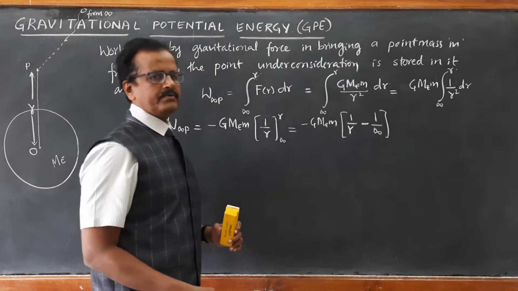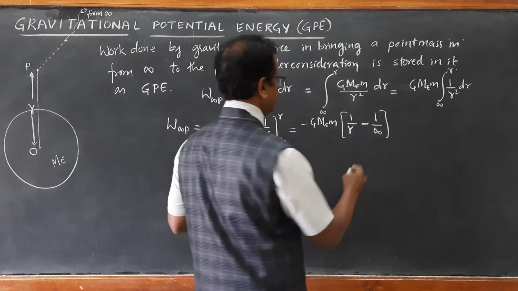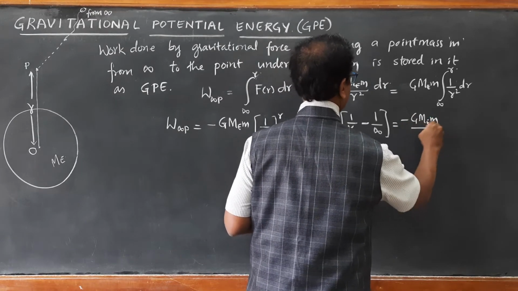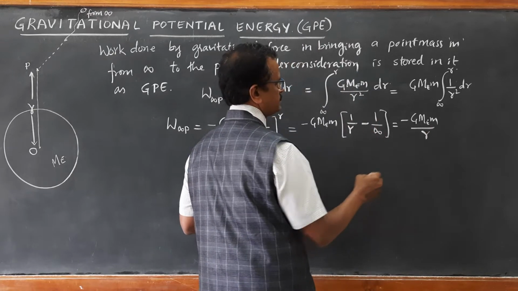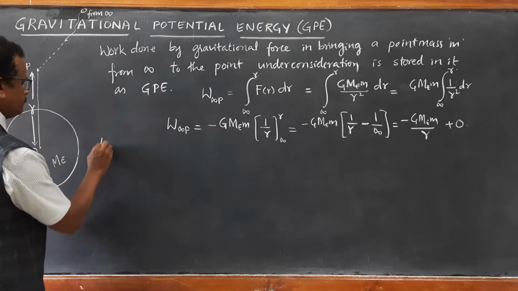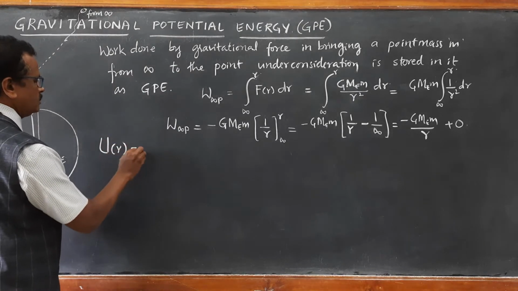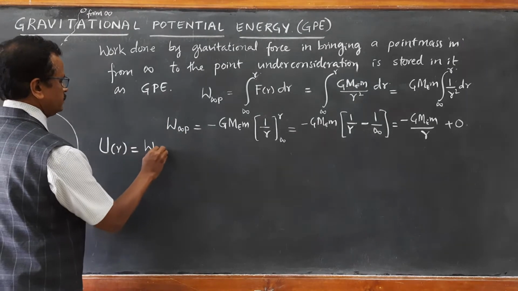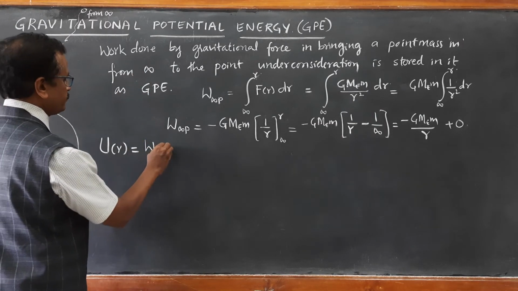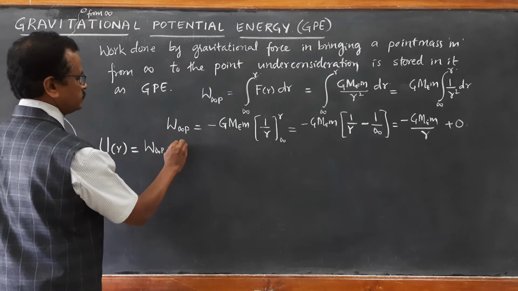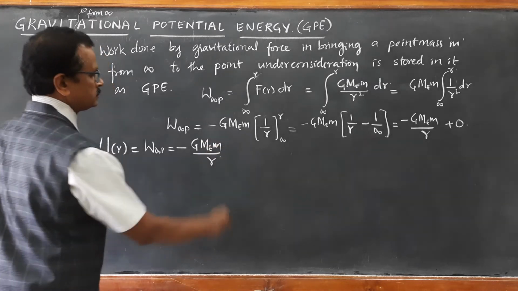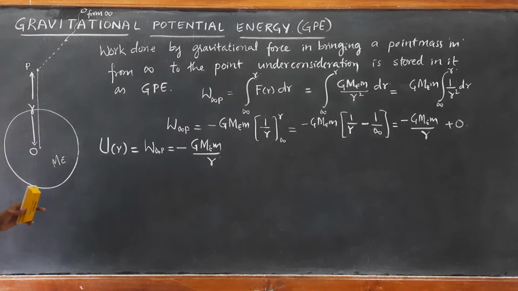Anything divided by infinity is 0. So this is how we get the potential energy at a position r, equal to work done in bringing a point mass from infinity to the position, as equal to minus G M_E m upon r. That's how we get the result.